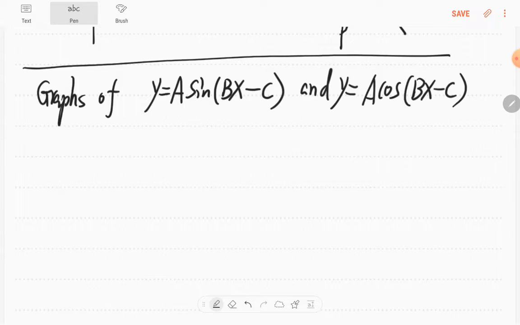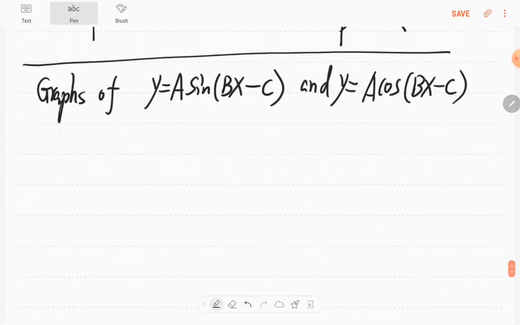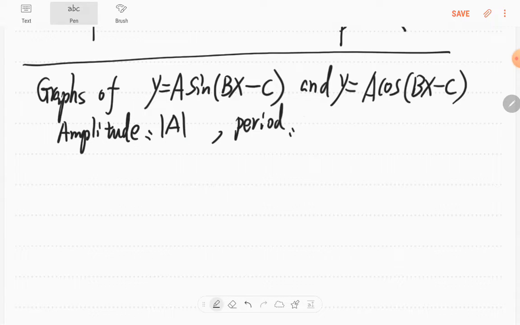Here, the amplitude is still the same, which is the absolute value of a. The period is 2 pi divided by b, so here b should be greater than 0, right?